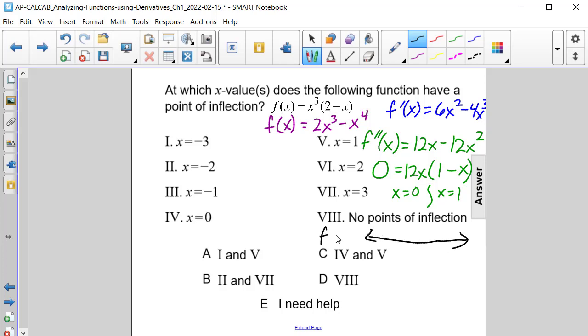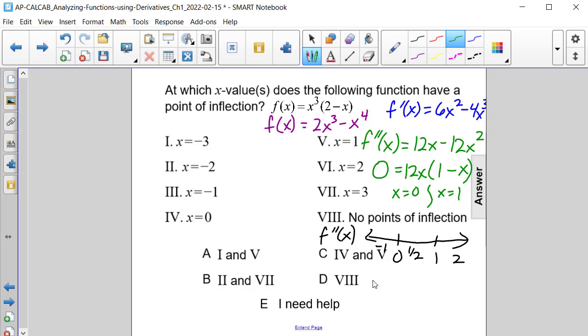So our sign chart for f double prime of x is going to have 0 and 1. So we can pick -1, 1/2, and say 2 in order to test for concavity.